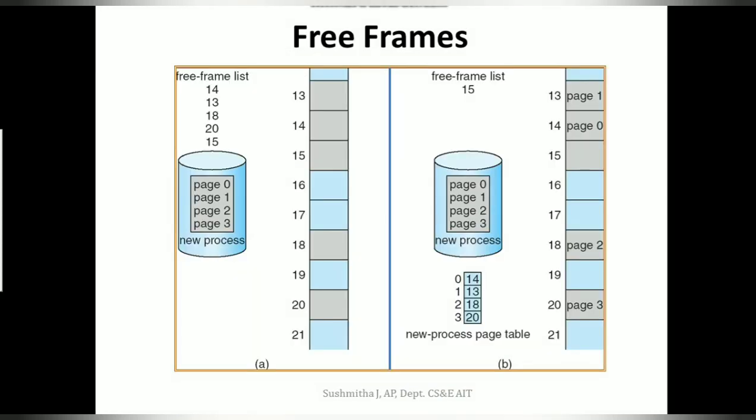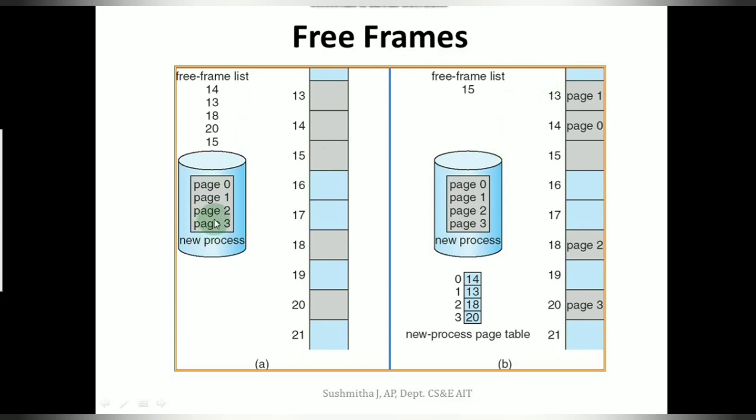We have seen an example, or illustration, of paging. Now let us see how free frames are allocated, with a small illustration. When a process requests memory, free frames are allocated from the free frame list. There are 2 images: this part of the image is before allocation, and this part is after allocation.